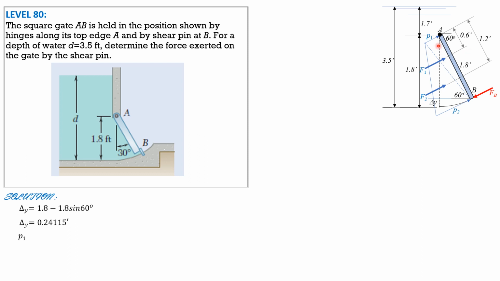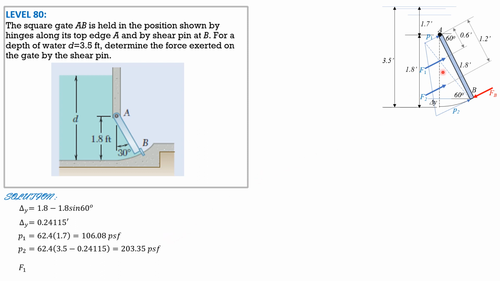So P1 is equal to 62.4 times 1.7, so that's 106.08 pounds per square foot. P sub 2 is 62.4 times quantity 3.5 minus delta y, so 62.4 times quantity 3.5 minus 0.24115. So that's 203.35 pounds per square foot.